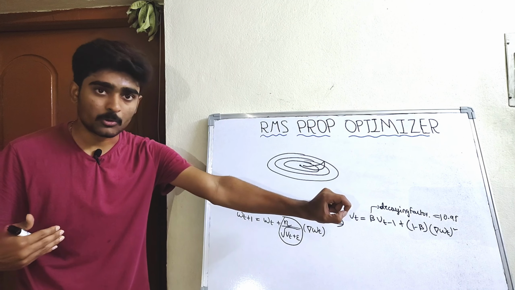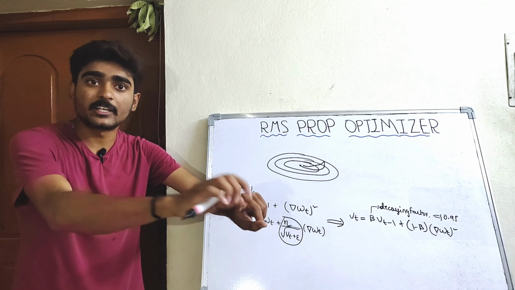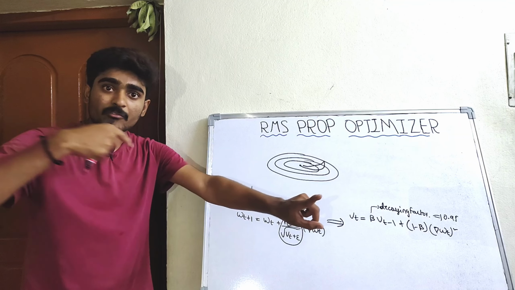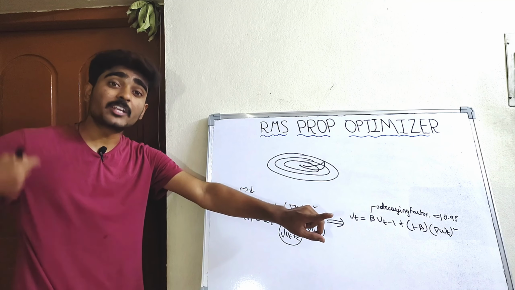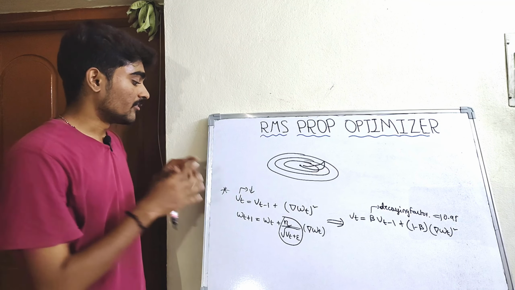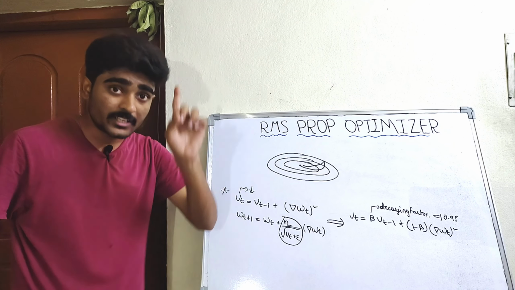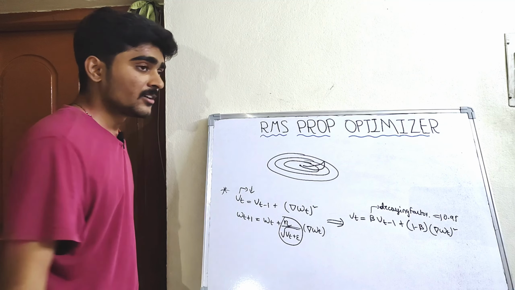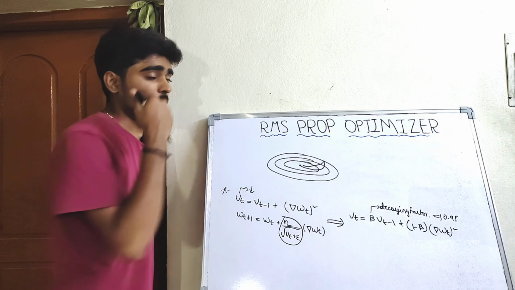At the first epoch, a particular gradient is given high importance, but when it comes to the 100th epoch, it is given very low importance in determining the value of Vt. At the 100th epoch, this first gradient is given very low importance. This is the major modification brought in the RMSProp optimizer.